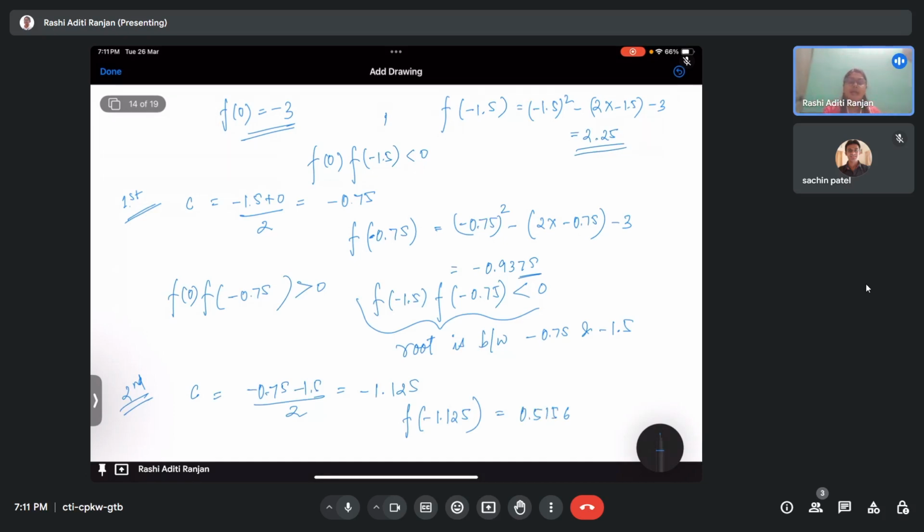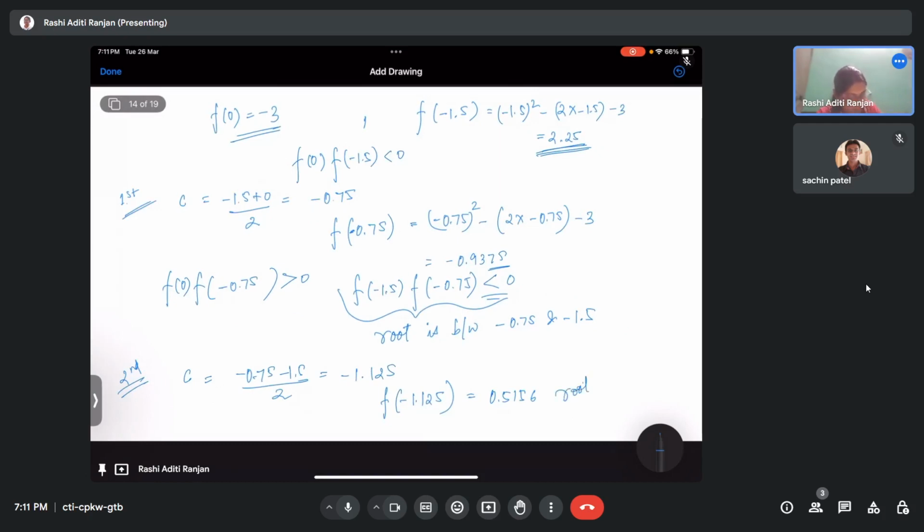At minus 1.5 my value is positive, and at minus 0.75 my value is negative. So definitely my root is between minus 0.75 and minus 1.125.